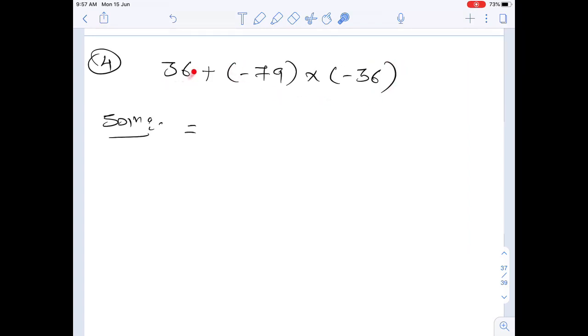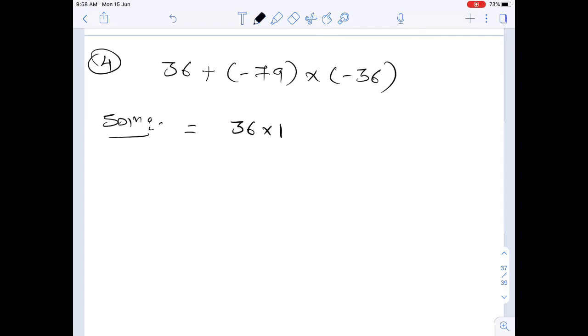Now here we have plus 36, here we have minus 36. So what will we do? We will try to change the sign of this one. Both are minus, so we can write it as plus, and at the same time this plus 36 can also be written, when only one number is there, as 36 into 1. We know that 36 into 1 is nothing but only 36. This we have done for our convenience.